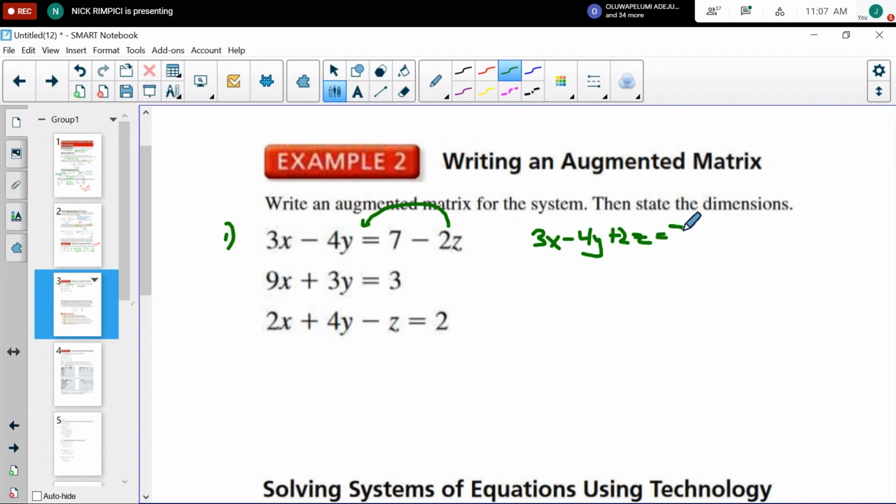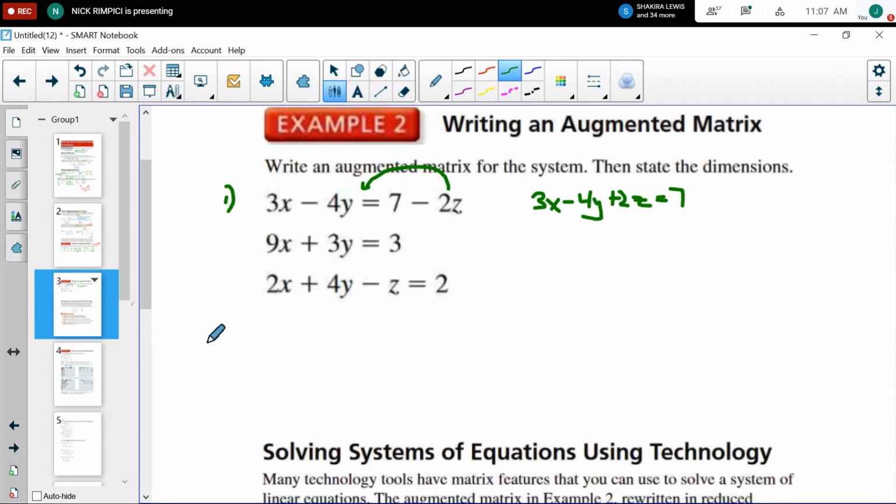Now, for anybody who's having confusion on what was done here, I'll show the work down here, okay? We have 3x minus 4y equals 7 minus 2z. What you can do is add 2z to each side of the equation. Sorry, it's not an x, it's a z.